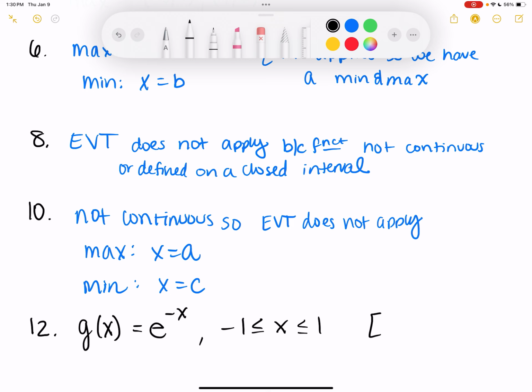Ooh, g of x. All right, so these want us to find the extreme values of the function on the interval where they occur and identify any critical points that are not stationary points.